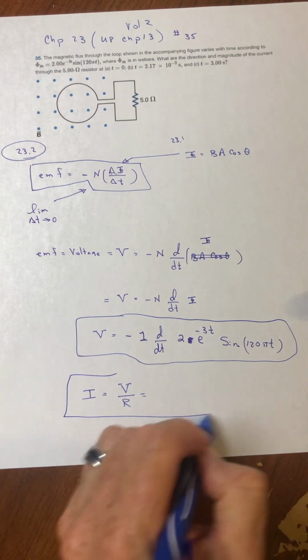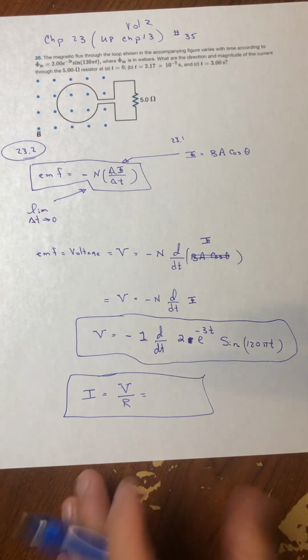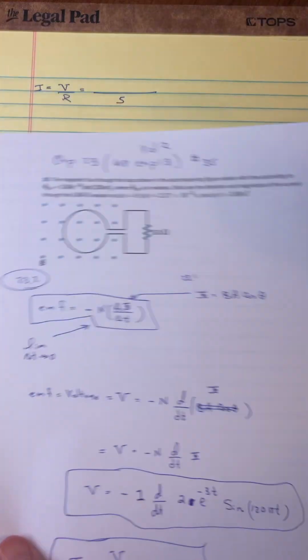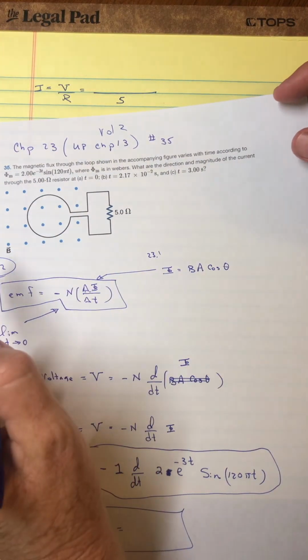And this is Ohm's law, how we're going to get the current. I'm going to put those two things together. So current equals voltage divided by resistance. The resistance is just 5 ohms, so I'll make that easy on myself.